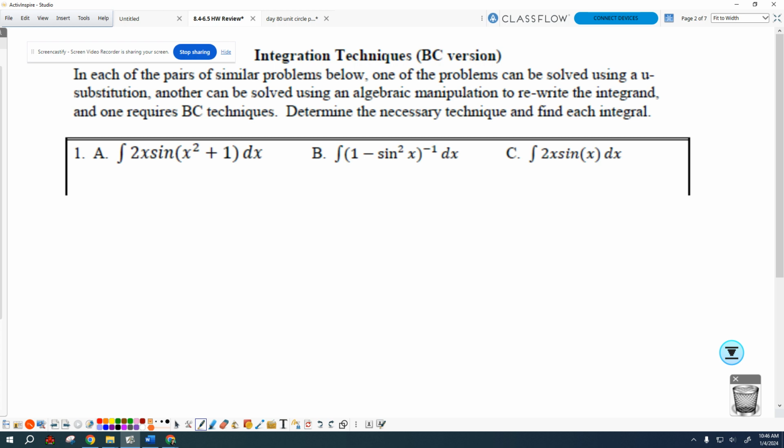Which one's tabular? So people are saying this one is voodoo, tabular, integration by parts, all three of them. I agree. Colette? B is just arc cosine. Well, it's cosine squared.